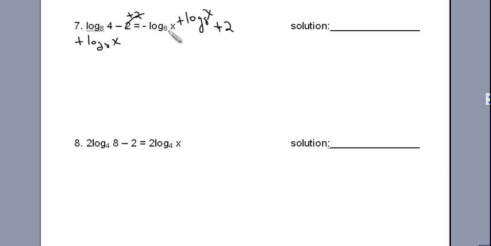So this is going to add to be 0, and this is going to add to be 0. Okay. So on the left now, you've got log base 8 of x plus log base 8 of 4 equals 2.